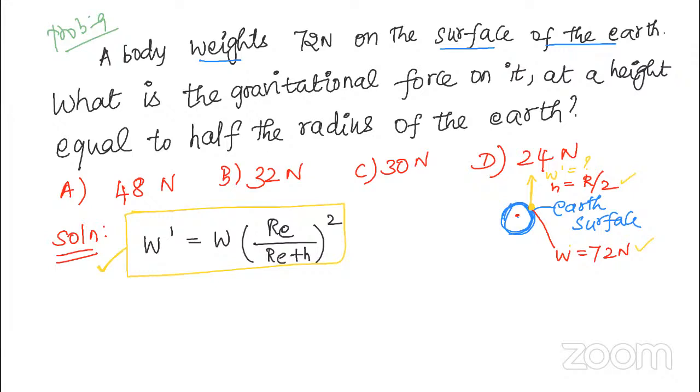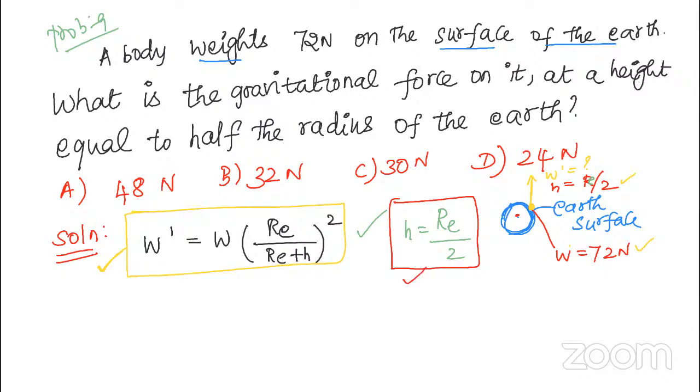This formula connects W, H and R, so we have to choose this one. Here they have given the value for H is equal to RE by 2. For the earth surface we can put RE here. So we take the value of H is equal to RE by 2.